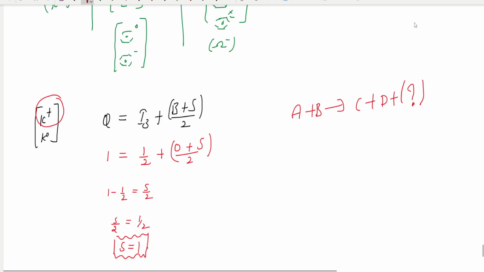For that, we need to check all the reactions in this sequence: charge, lepton number, baryon number, I number, I3 number, Y number, and S number. Then only we can find this missing particle. This is the exact question they are giving.